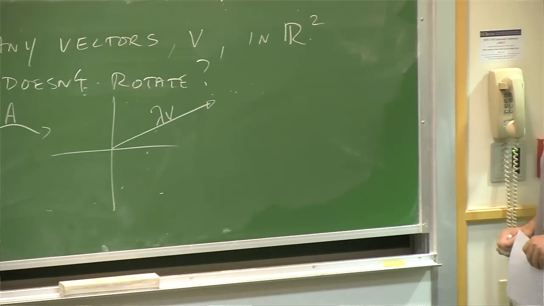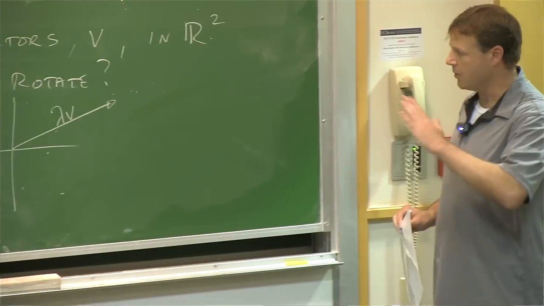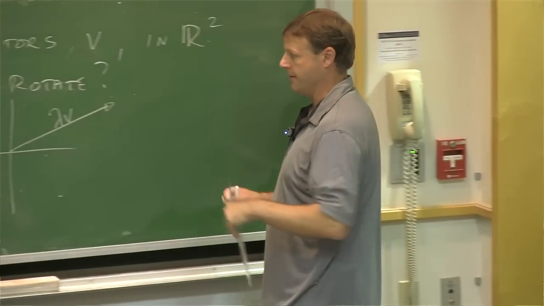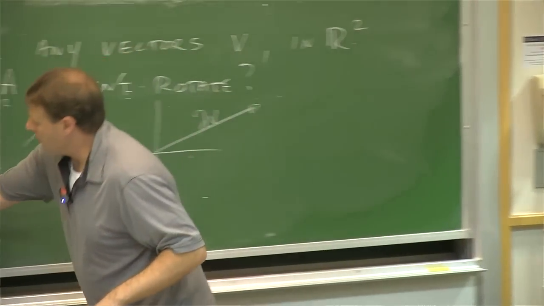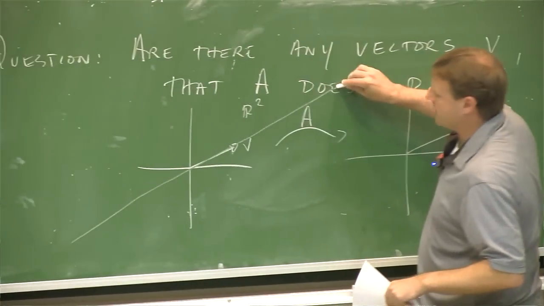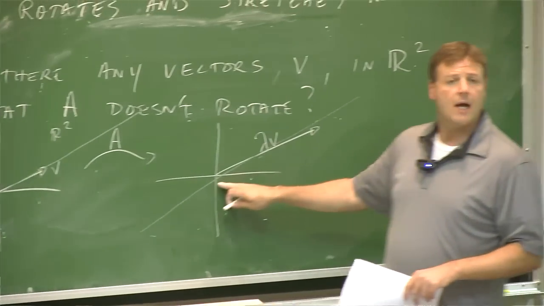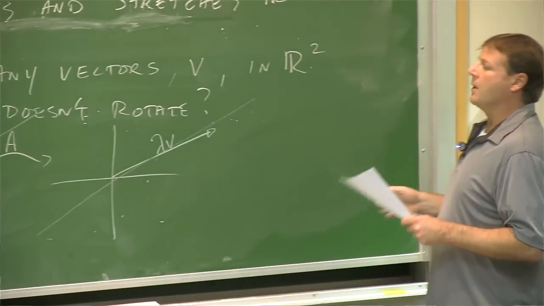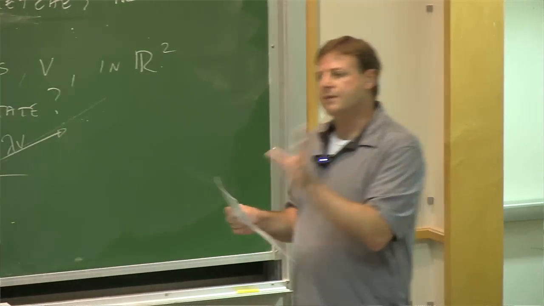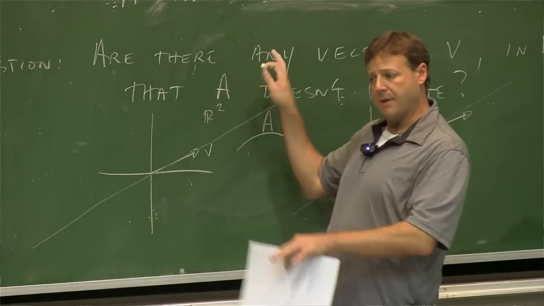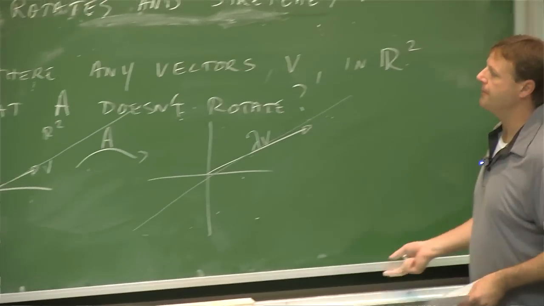Might get stretched out a little bit, but it didn't rotate. So in other words, it's the same vector, just has a different length, so it's in the same direction. Another way to think of this is this vector is sitting on a line, and this vector stays on that line. Now if I can find two of these vectors, then what that's going to create is a set of axes for this matrix. And that's what we're really trying to find.